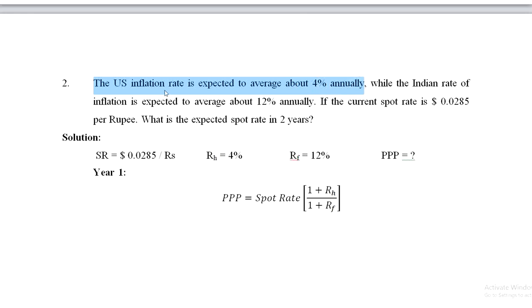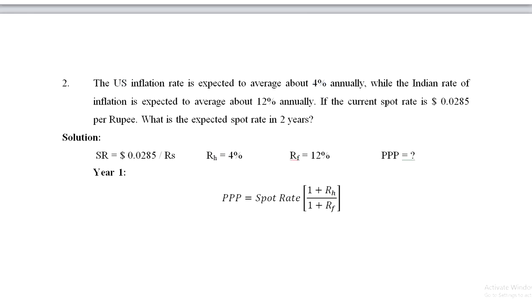So he says that the US inflation rate is expected to average 4%. It is given in percentage form, hence we are going to use the first formula, right? While the Indian rate of inflation is expected to average about 12% annually. So in India it is 12%, and in the US the inflation rate is 4%.